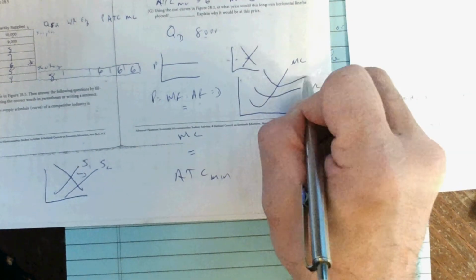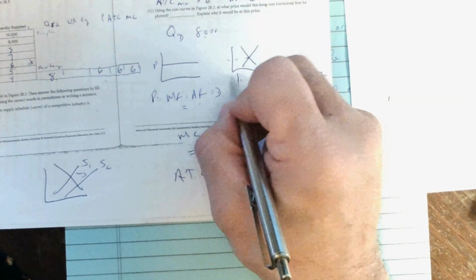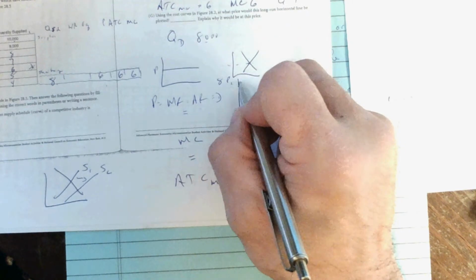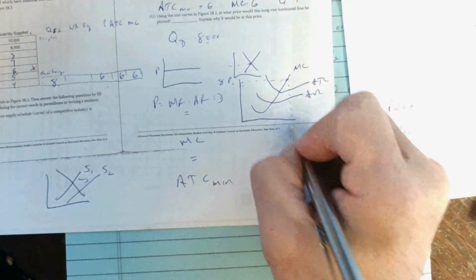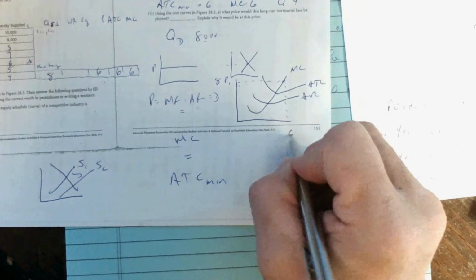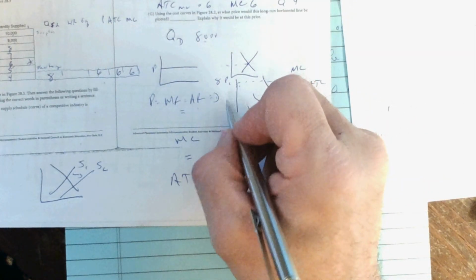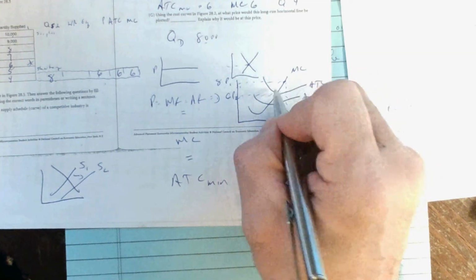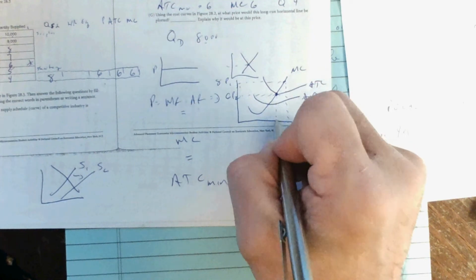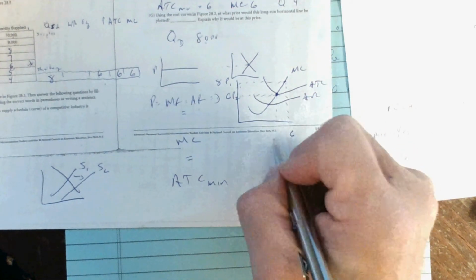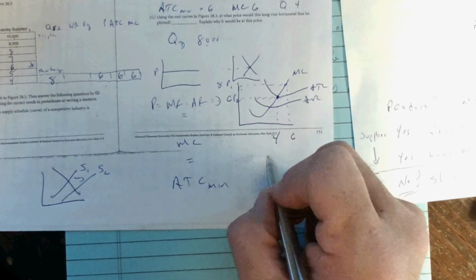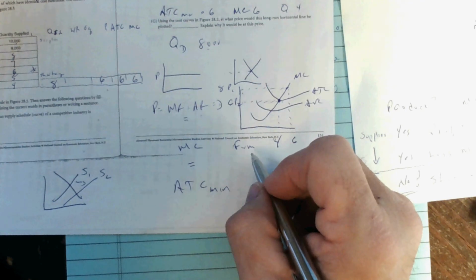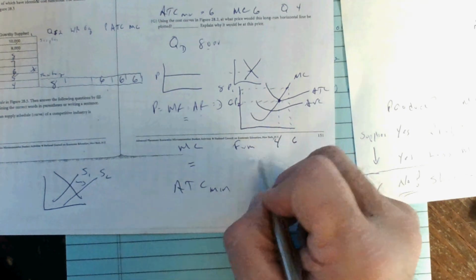So in the long run, we would have marginal cost, average variable cost, average total cost. Originally, we were at this price of 8, and each firm was producing 6, and the price fell to 6, and we were at price equals marginal cost equals average total cost minimum, and each firm, as a result, was only producing 4.